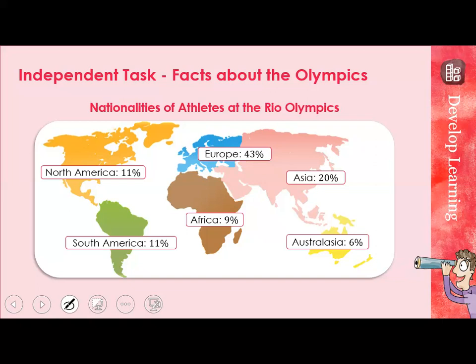So if there were 100, or out of every 100, 11 of them were from North America. Okay, so that's what we mean by 11% of the athletes. We can see again 11% were from South America, 43% from Europe, Africa 9%, Asia 20%, and Australasia 6%.